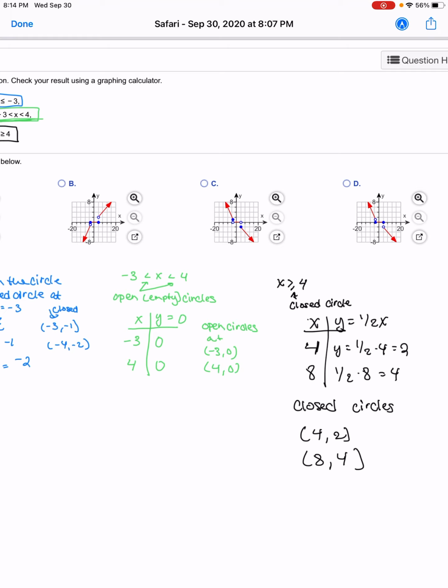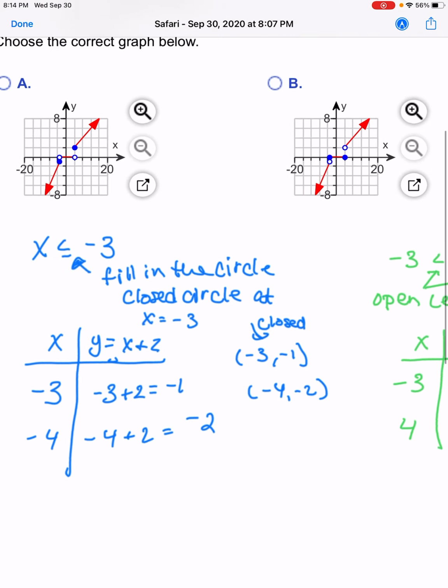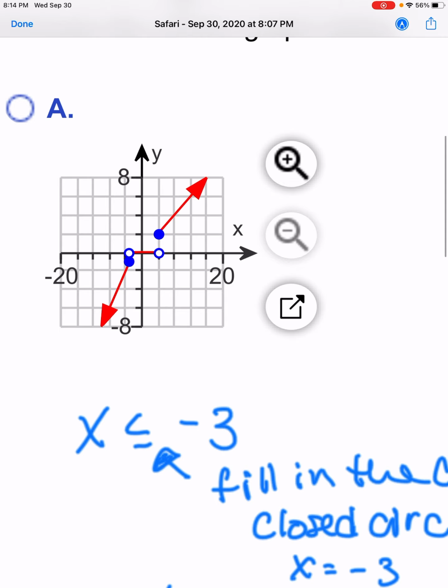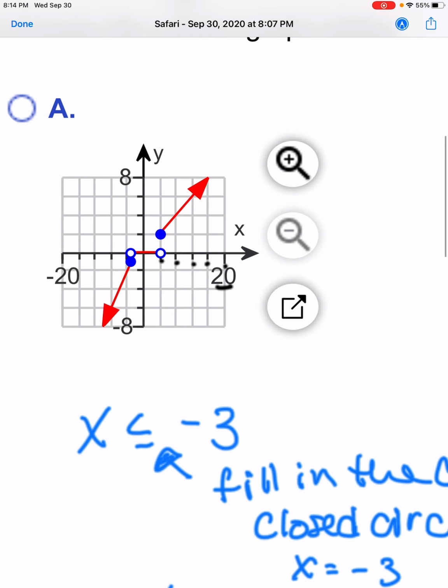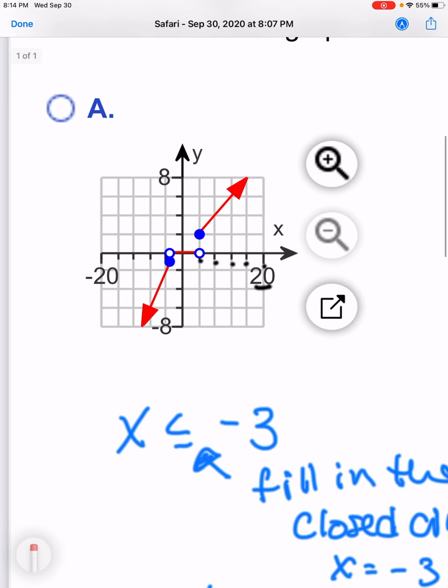So let's go and look at our graph and see which of these follow those conditions. Okay, so for each of these graphs, notice our scale goes to 20 and we have 1, 2, 3, 4, 5 tick marks. So each of those tick marks is worth 20 divided by 5, which is 4.